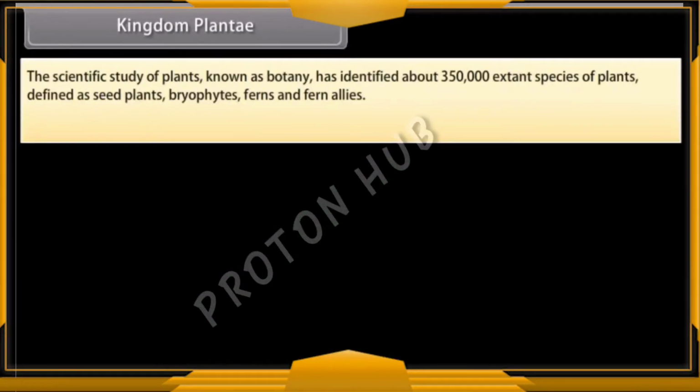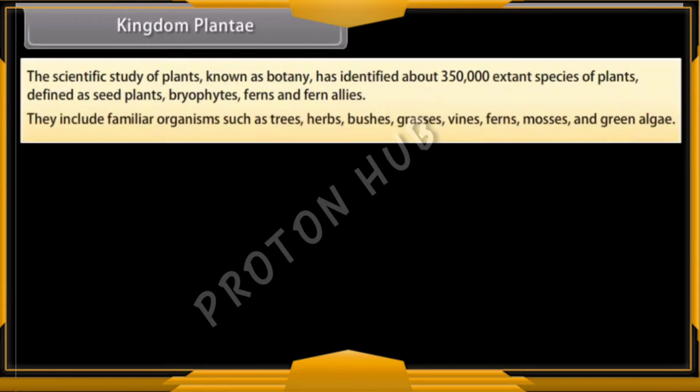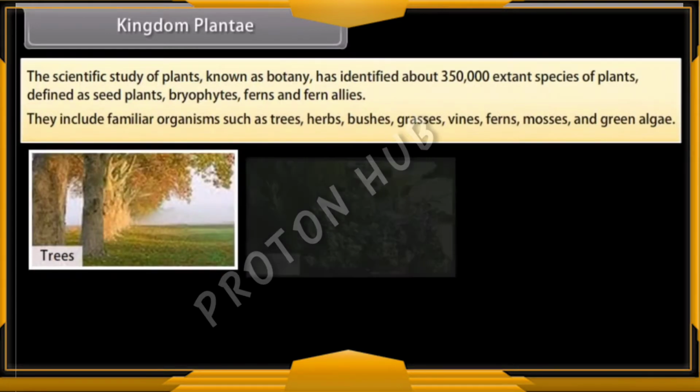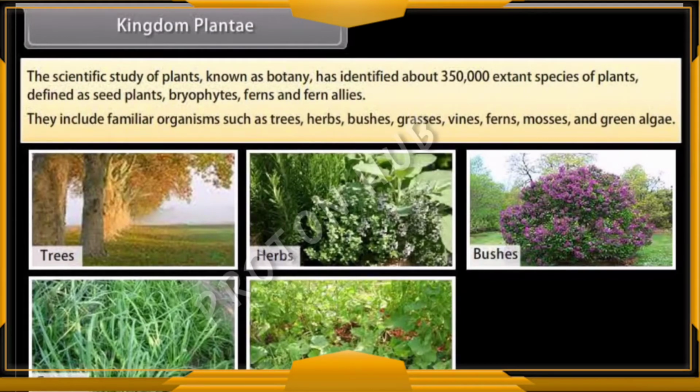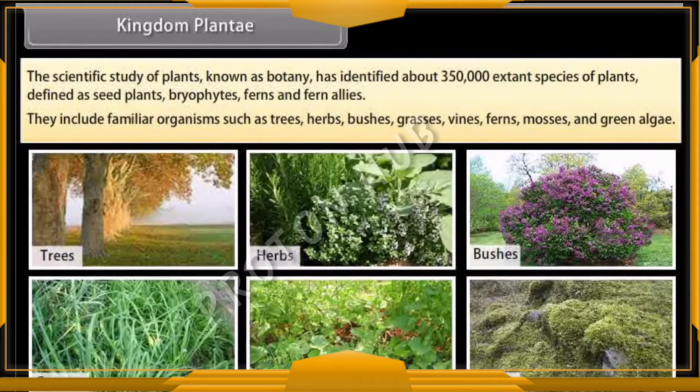The scientific study of plants, known as botany, has identified about 350,000 extant species of plants, defined as seed plants, bryophytes, ferns, and fern allies.